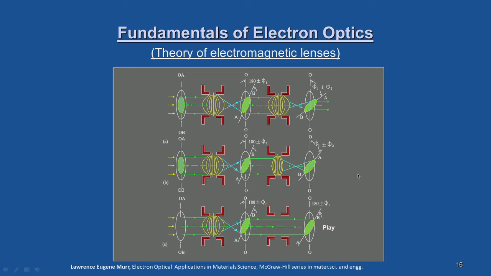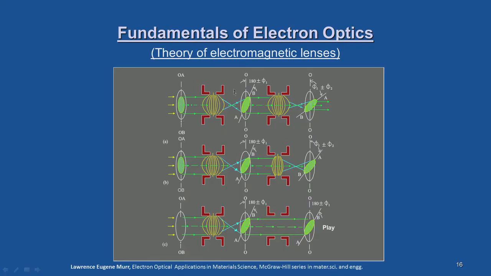What I am going to describe from this slide is the primary difference between the glass lens optical system or electrostatic system and the electromagnetic system. In a light optical system, you see that image inversion takes place.